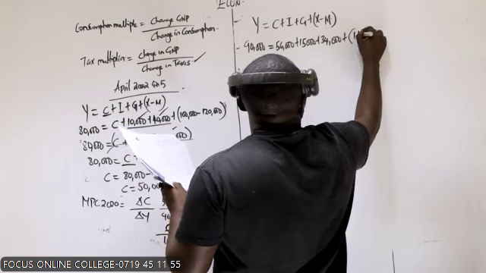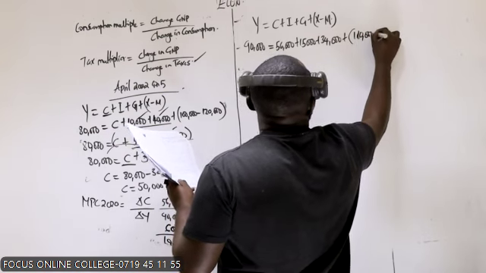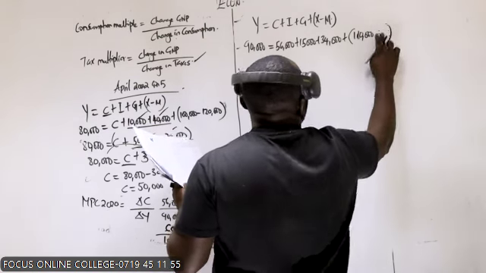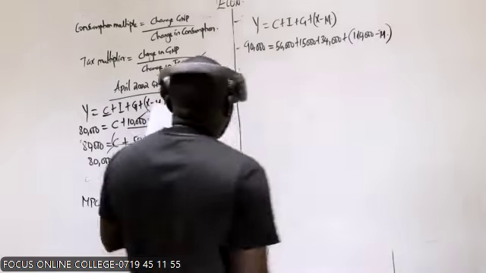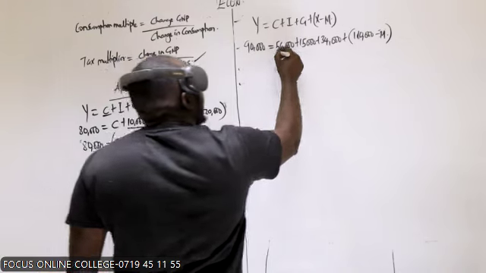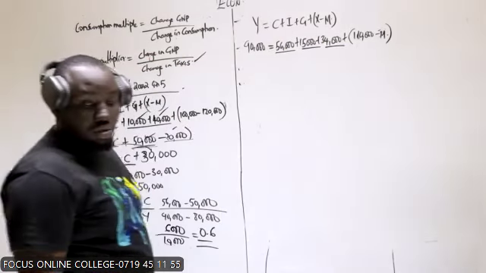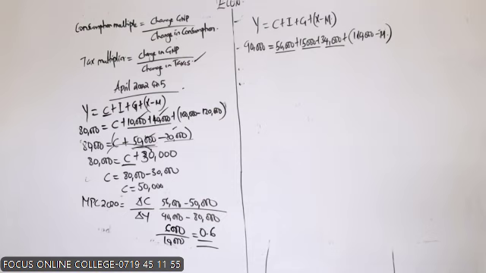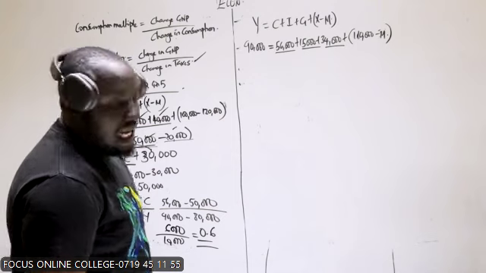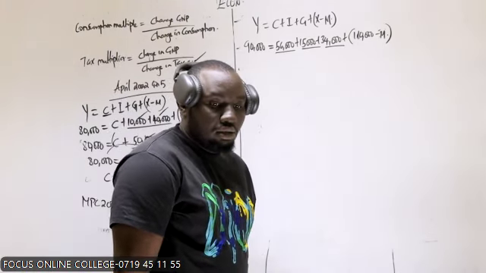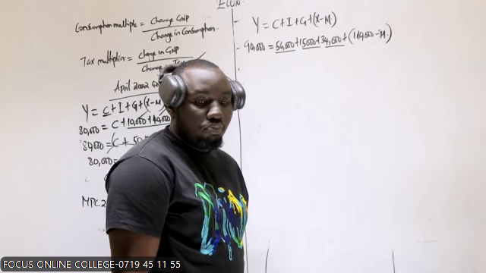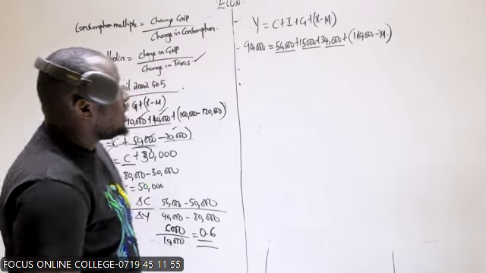So this is 110 minus import, which we give as M. Add these figures for me, those three.